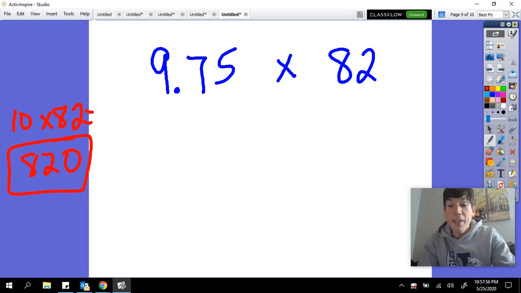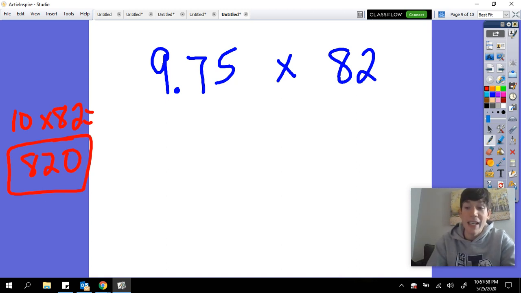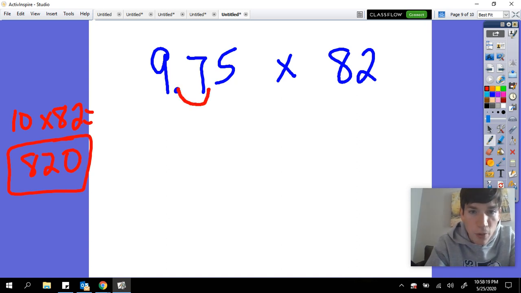Now, one thing I can do is use this idea of tens, hundreds, or thousands when I'm multiplying and dividing. I first look at these numbers, 9 and 75 hundredths times 82, and notice that it's much easier to multiply when I have whole numbers to work with. So we can take 9 and 75 hundredths and make it into a whole number by moving this decimal over 2 times.